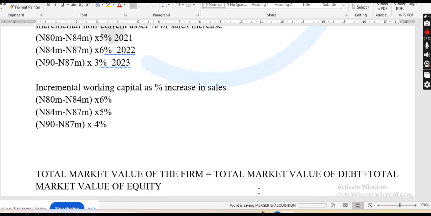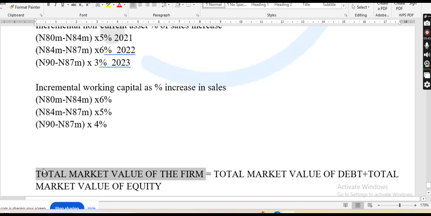Is that not so? Now, for you to get the market value of equity, when we get the total market value for the firm, you then ask, what is the value of debt? When you subtract it from the total market value, you just make the total market value of equity the subject of the formula. You have your total market value of equity.